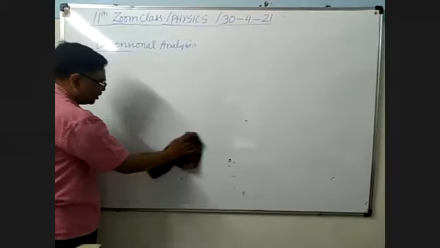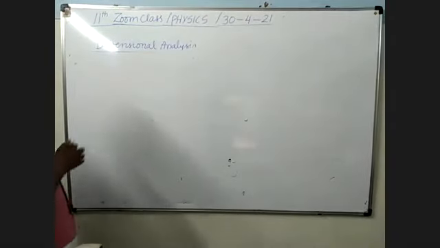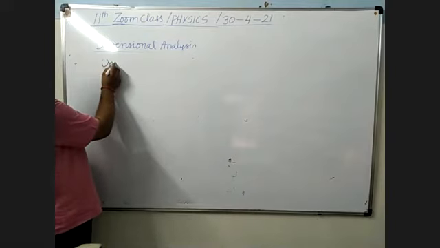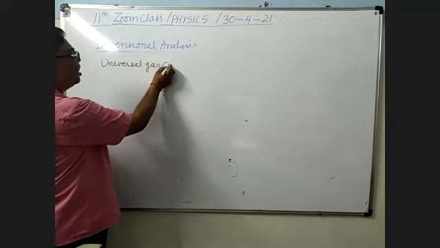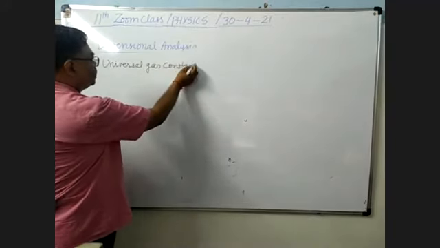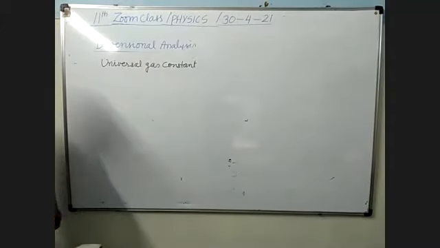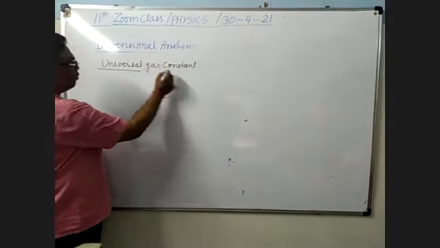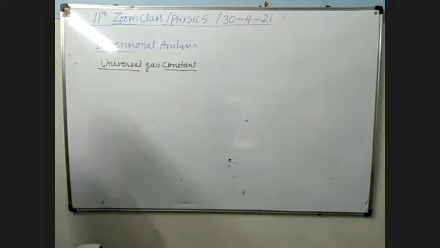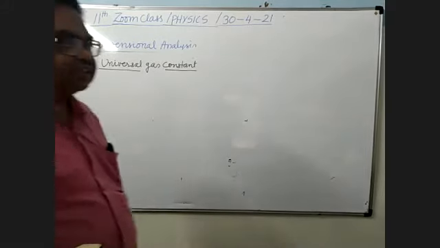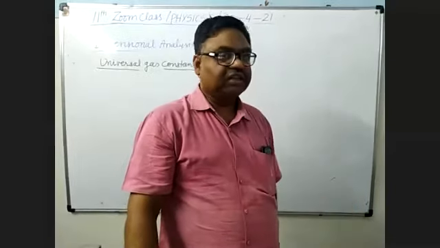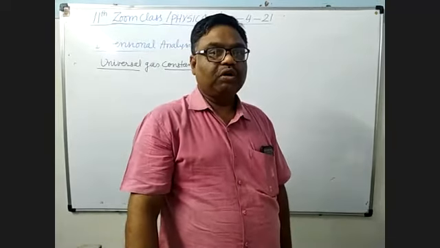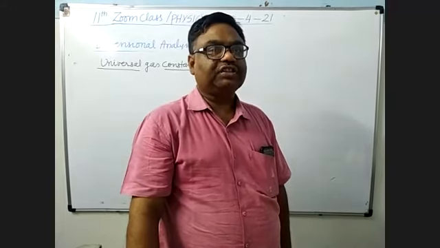Now one more I am going to explain. Universal gas constant. Now one more thing. Before this I have told universal gravitational constant. What is the meaning of universal constant? Universal constant is one whose value doesn't change, always remains fixed. जिसकी वैल्यू चेंज ना हो वो क्या कहलाता है? यूनिवर्सल कांस्टेंट.